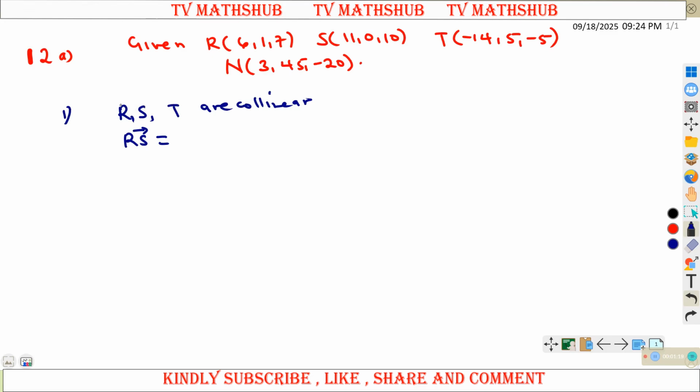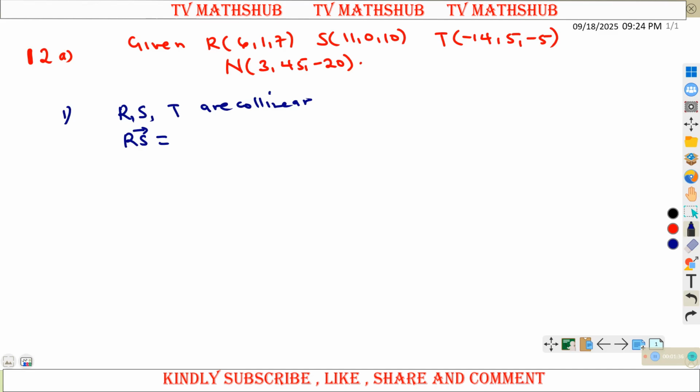If one can be expressed as a scalar multiple of the other, then we shall be able to say they are collinear, so long as there is a common point. And in this case, we are considering S to be the common point.